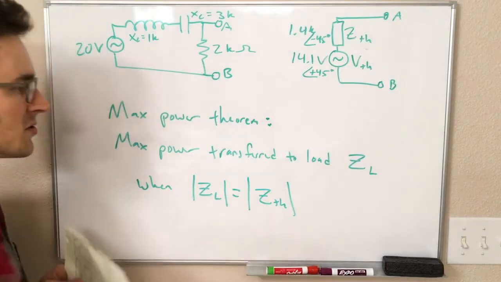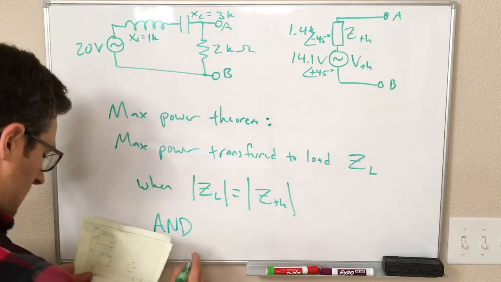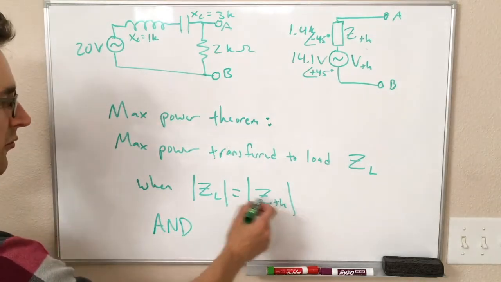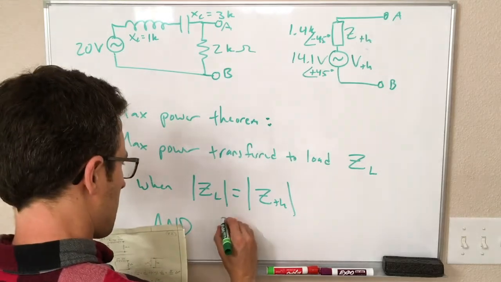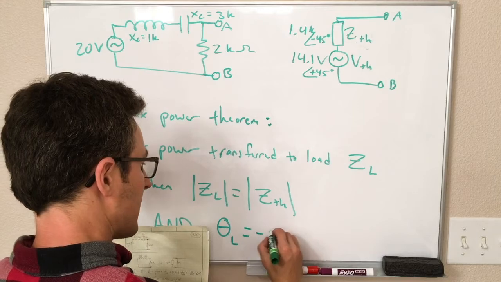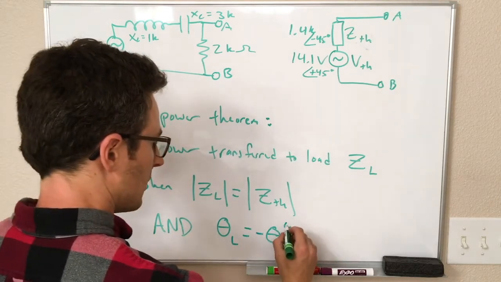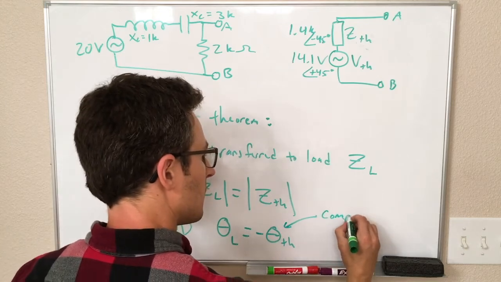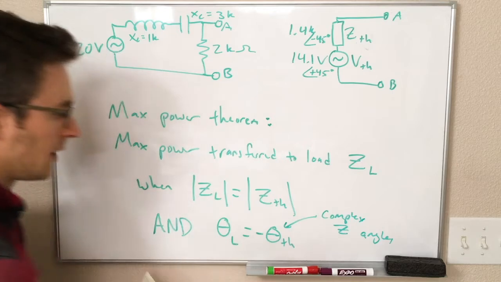So the magnitudes are the same, and the phase angle, the complex angle of those, theta load, is equal to minus theta Thevenin. So these are the complex Z angles.